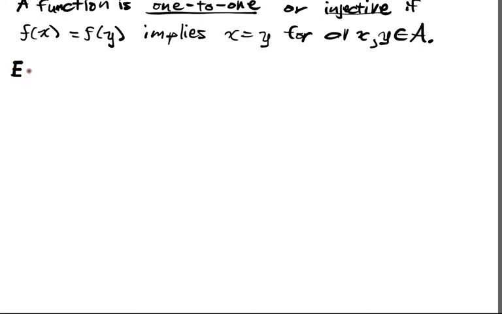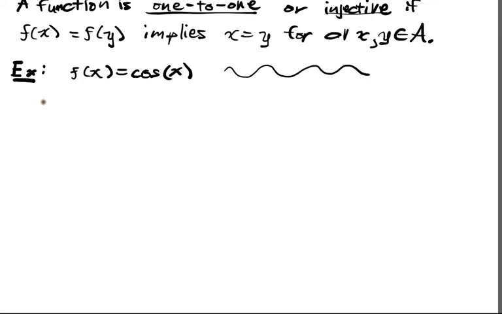So, example: how about f of x is equal to cosine of x? So from R1 into R1. Well, what is that? You draw the function. It's just the sinusoid. So obviously it's not onto, because it's bounded between -1 and 1, always.